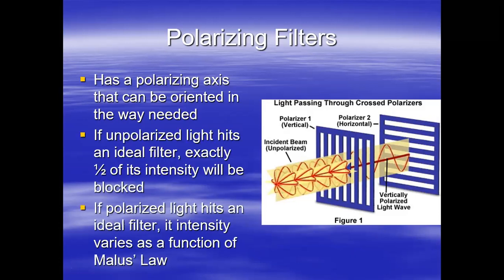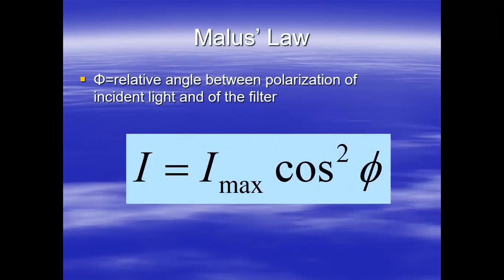Now, if the light is already polarized when it gets to a filter, instead of just saying we reduce it by half, we use something called Malus's law to be able to calculate the intensity. And Malus's law is where you look at the angle between the first filter that it went through and then the one it's coming through now. So the one it came from and the one it's going to, and that's the angle that you use.